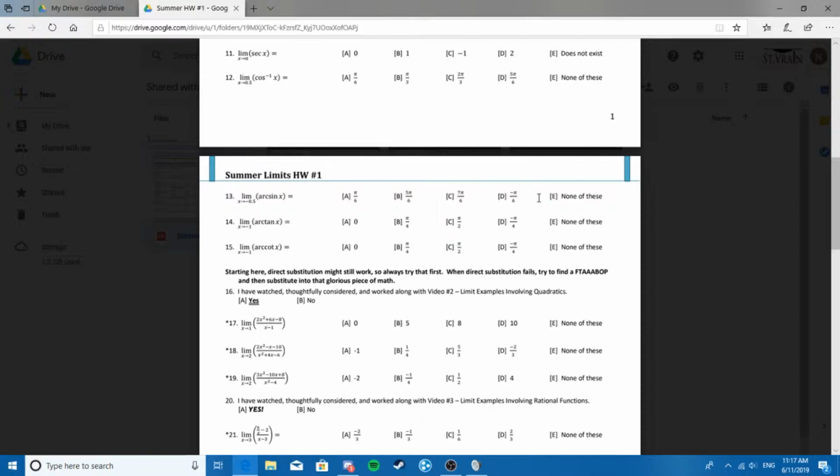Because that's the only measure for negative 1/2 within the range of inverse sine. The only measure for negative 1 within the range of inverse tangent would be negative pi over 4, the equivalent to 315 degrees, or minus 45 degrees from 0.